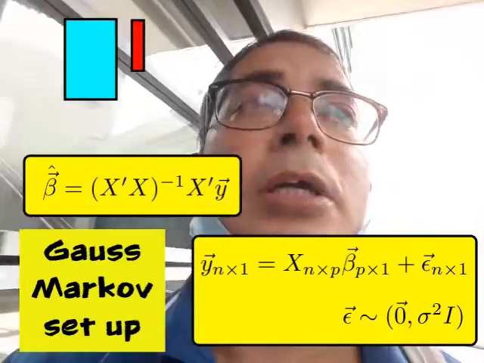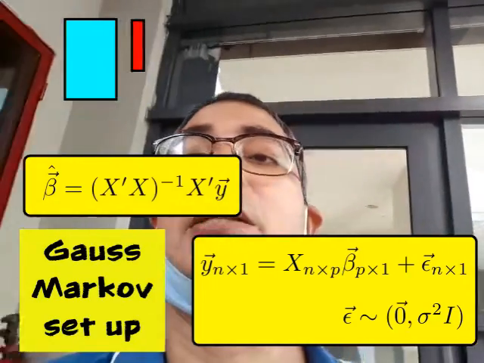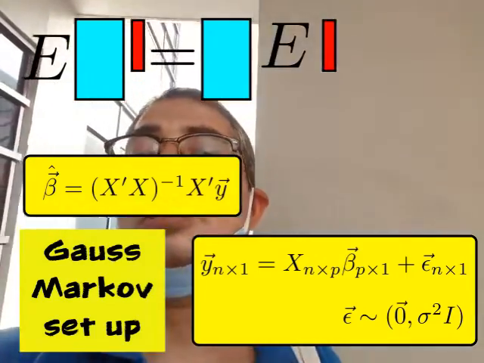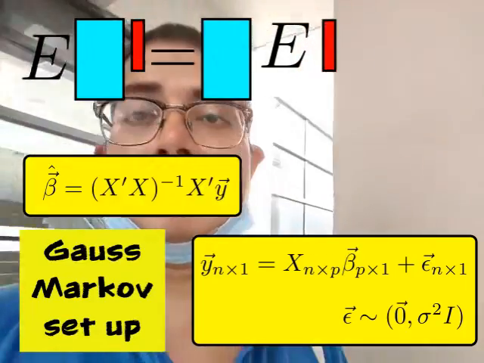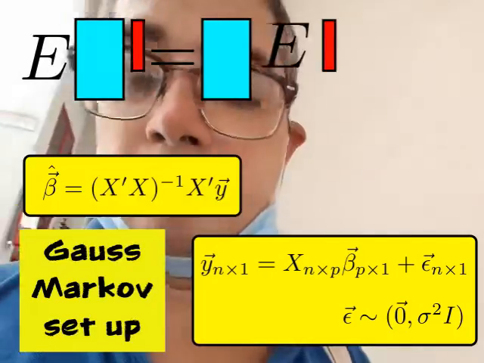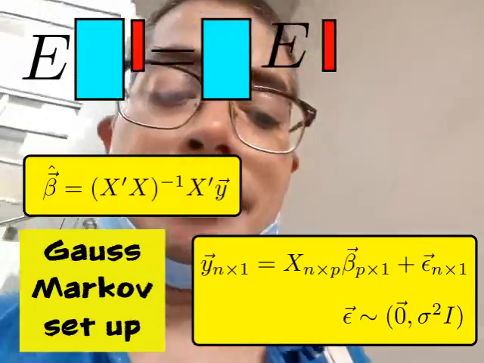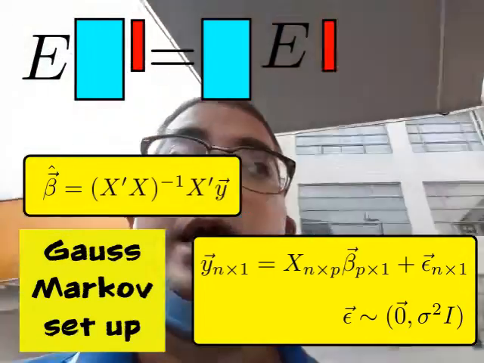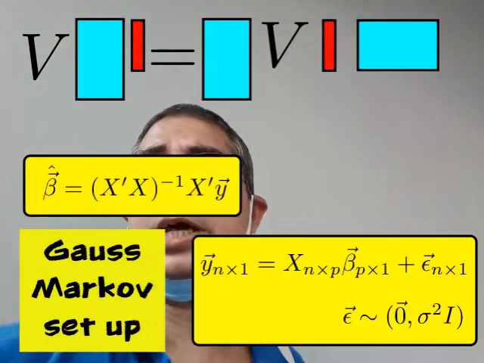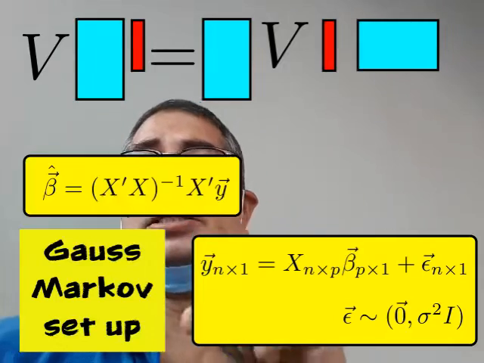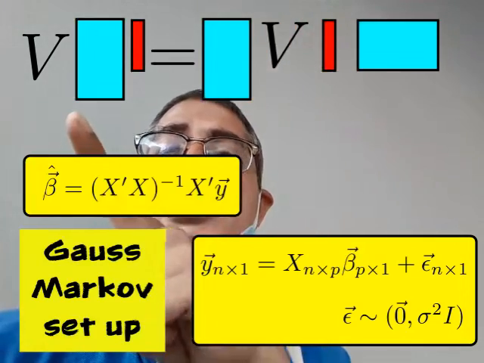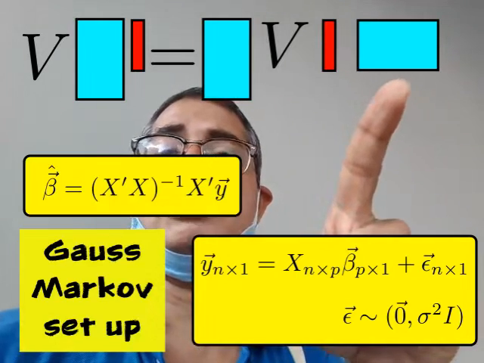If I take expectation, then expectation just passes through the cyan rectangle, giving the cyan matrix times the expectation of that vector. For the variance, the situation is similar: you take the variance of this red vector, which is a matrix, pre-multiply it by the constant matrix, and post-multiply it by its transpose.